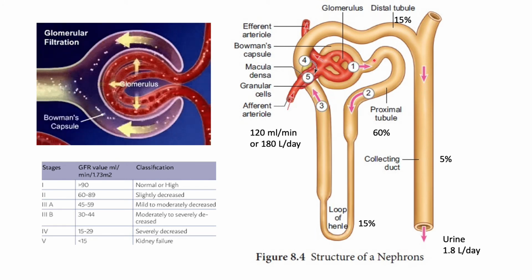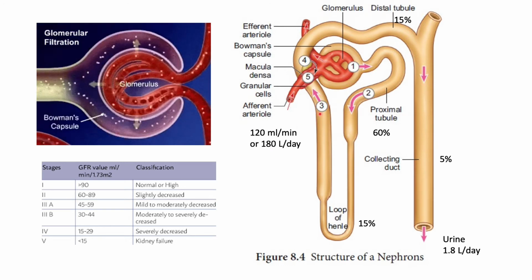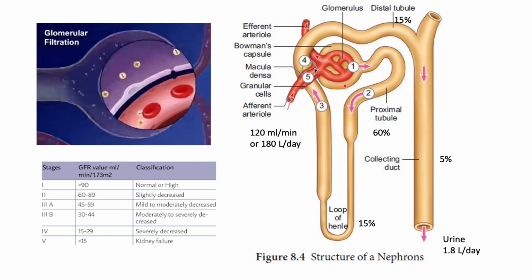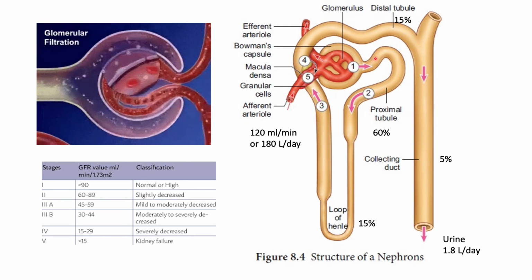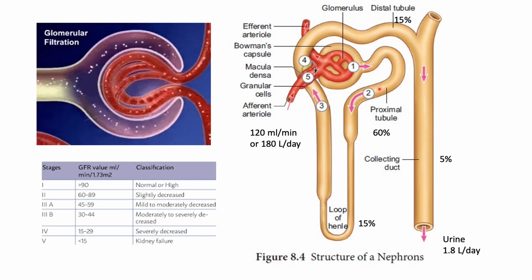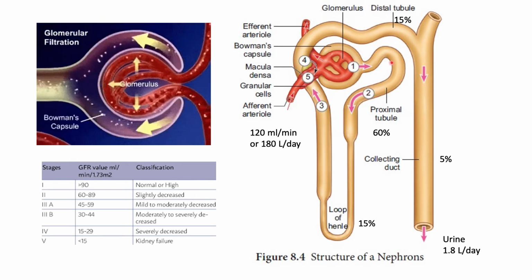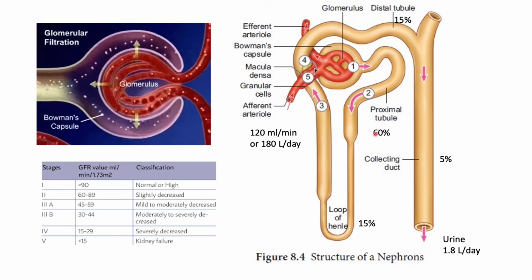Now, as the filtrate, for example 180 liters per day of filtrate, passes through the proximal convoluted tubules, around 60% will be reabsorbed.